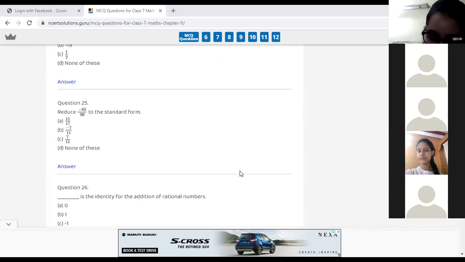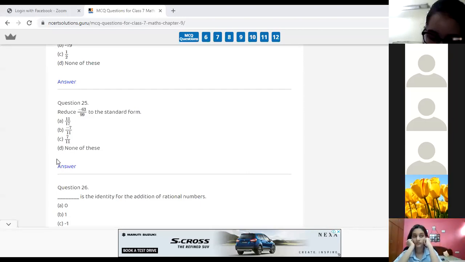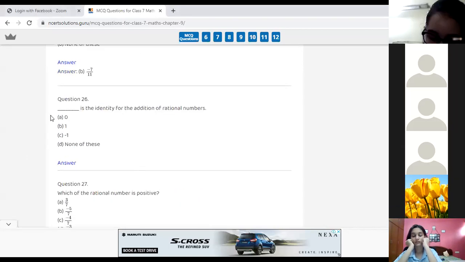Minus 7 by 11. Okay. You have cancelled it out with 9. So the answer is your option B. Next, dash is the identity for addition.